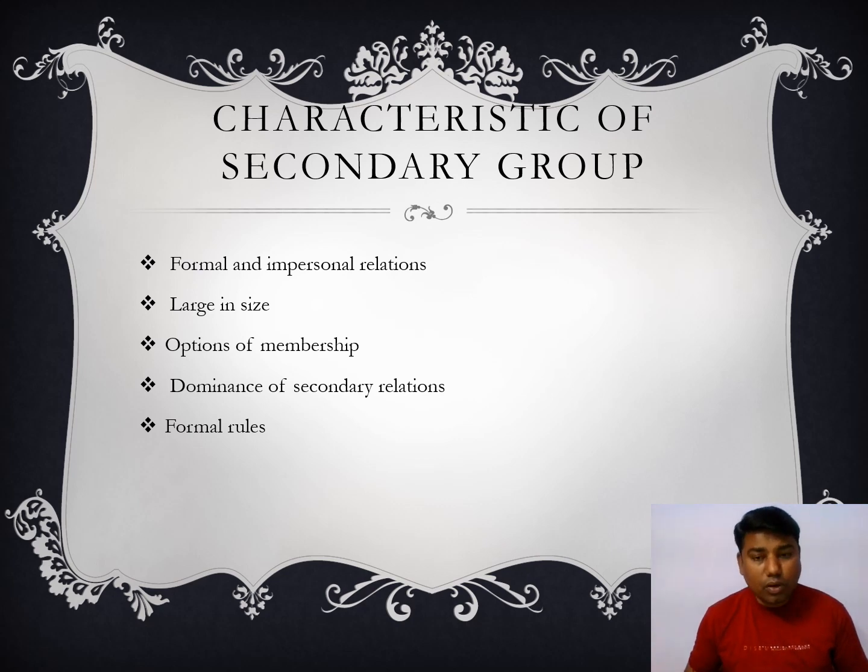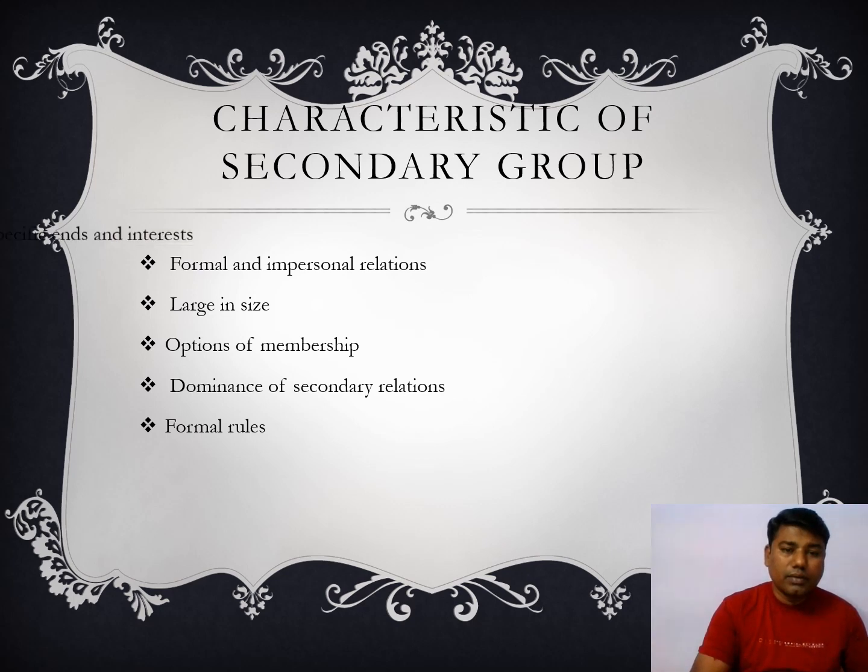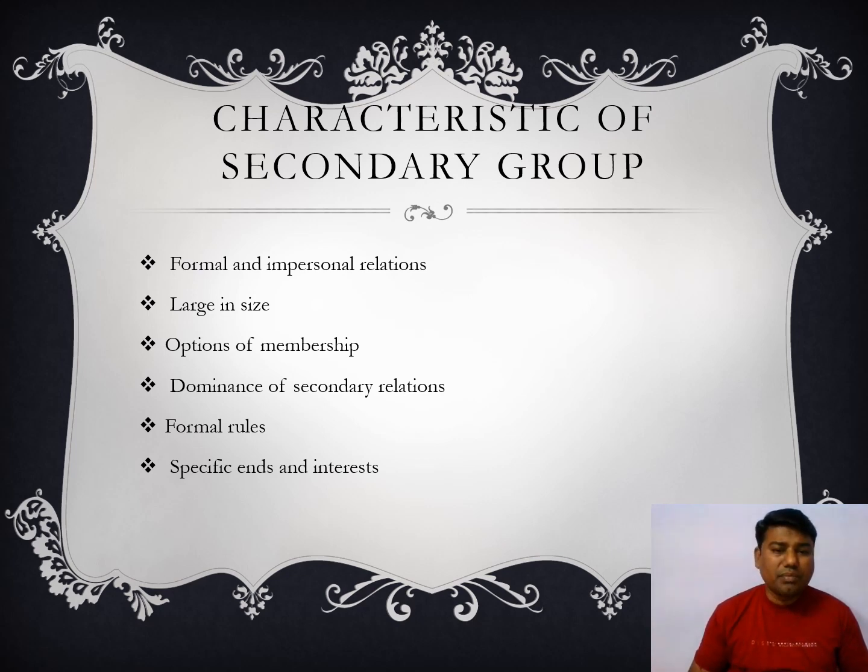There is a formal authority also, and there is clear-cut division of labor in secondary group. There are specific ends and interests. So some of the secondary groups may be formed keeping in mind certain objectives and fulfilling certain needs and interests of the people.